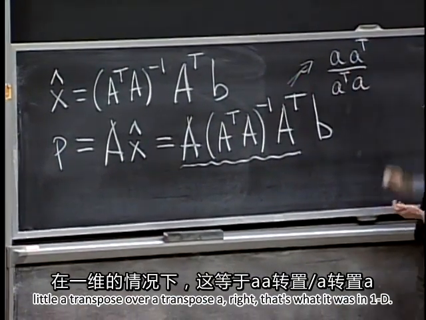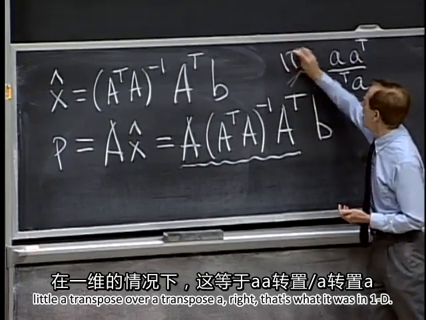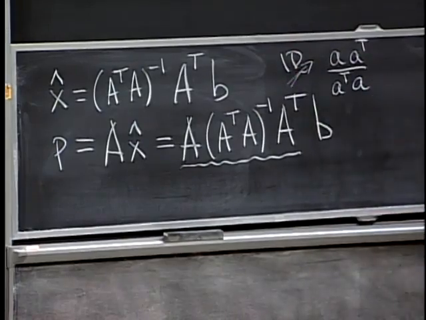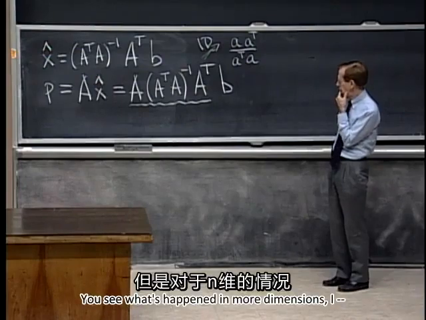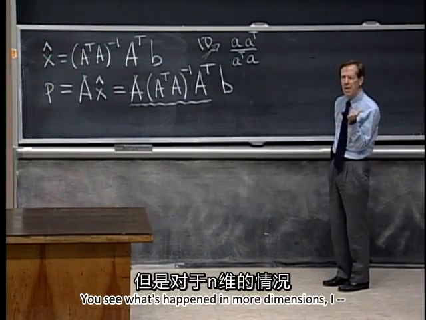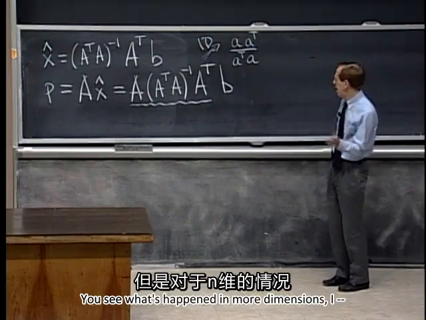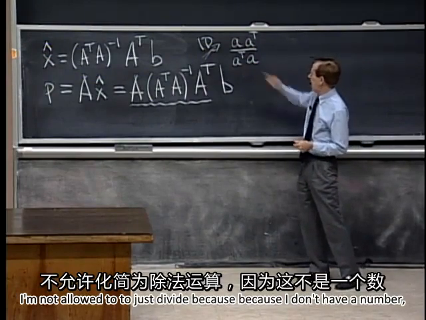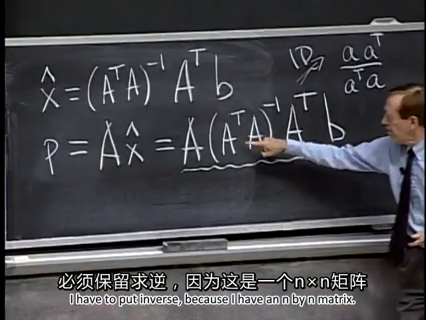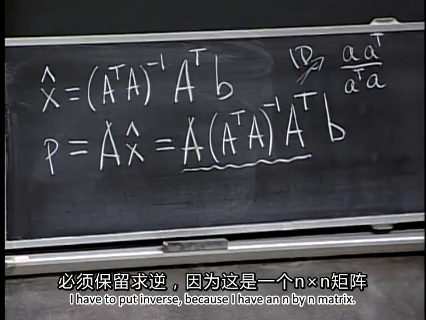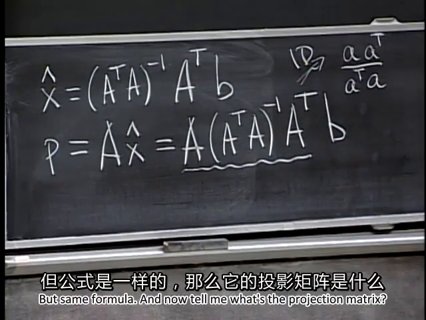That's what it was in 1D. You see what's happened in more dimensions. I'm not allowed to just divide because I don't have a number. I have to use the inverse because I have an n by n matrix. But same formula.